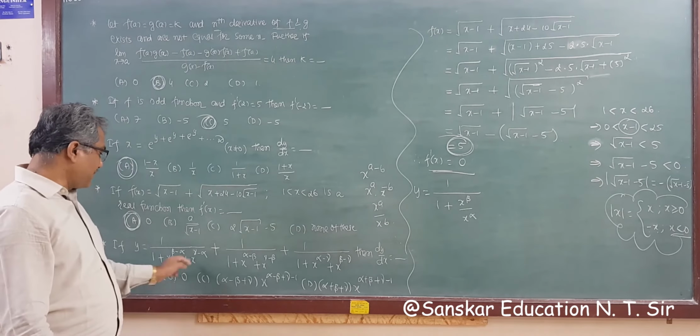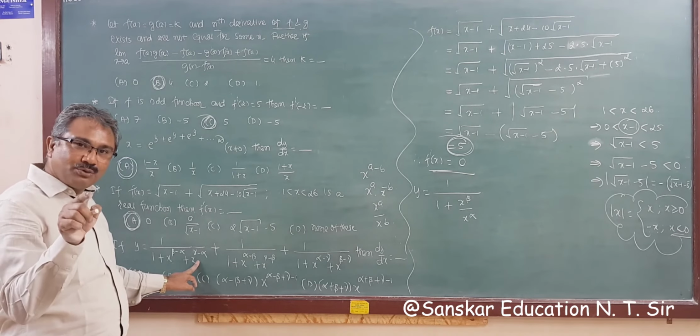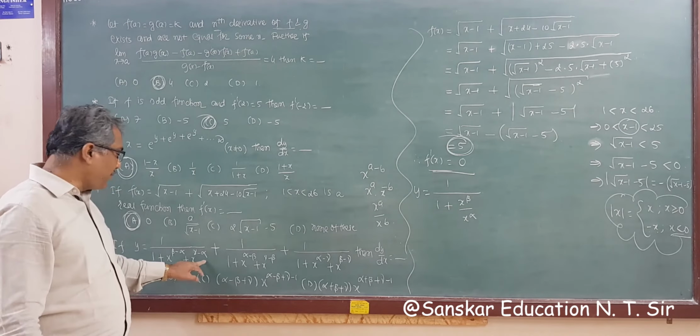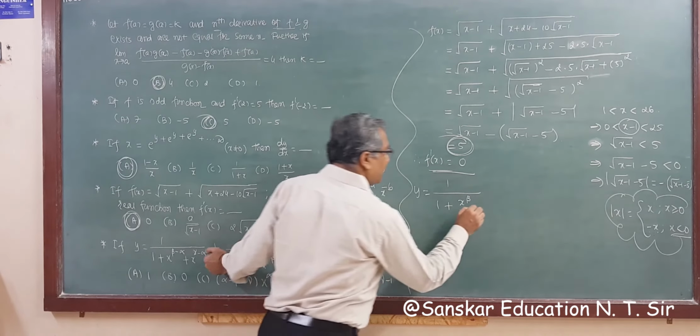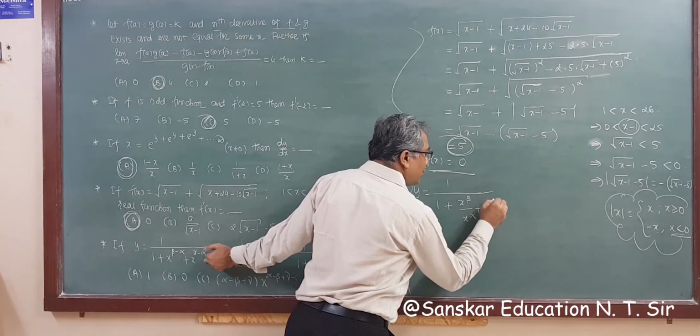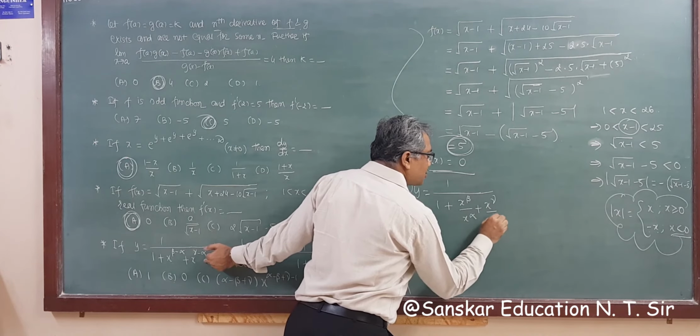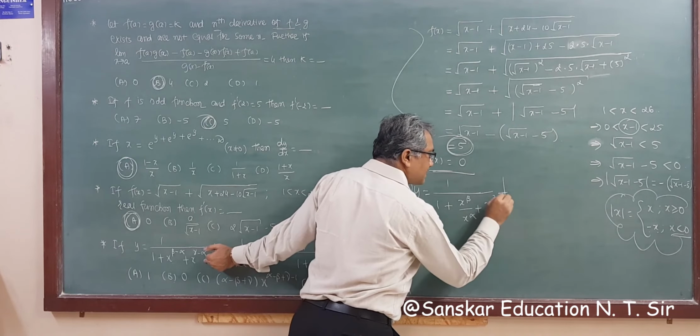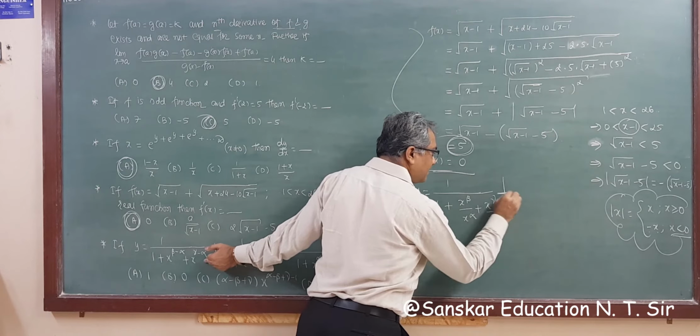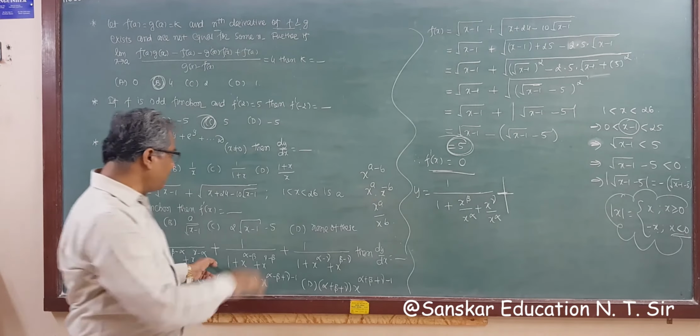Got it? So what is this? x raised to gamma upon x raised to alpha. So this is plus x raised to gamma upon x raised to alpha. Then plus, put the plus sign, right? So you can write the terms.